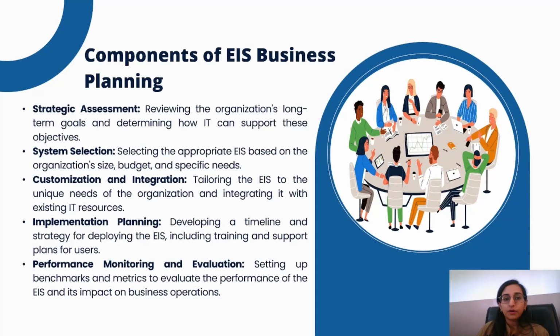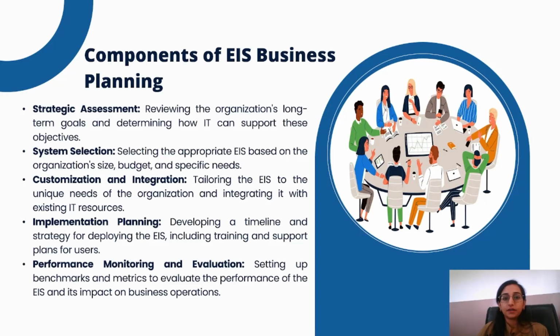Next point is outcome of strategic assessment. So the outcome of this assessment is a detailed report that outlines the current state of the organization's IT and business processes, identifies gaps and opportunities for improvement, and aligns proposed EIS solutions with the organization's strategic objectives.